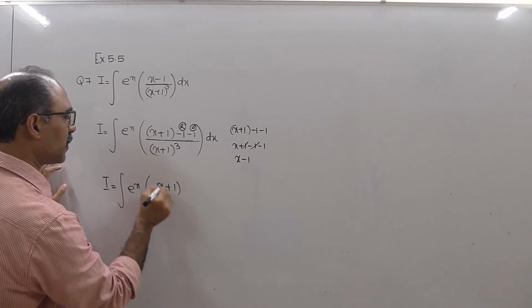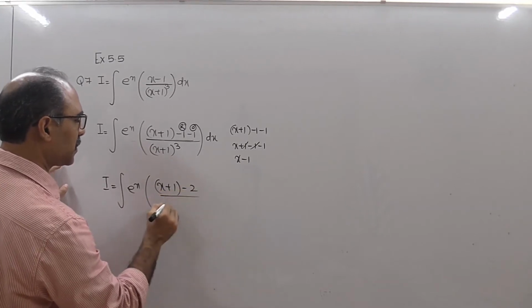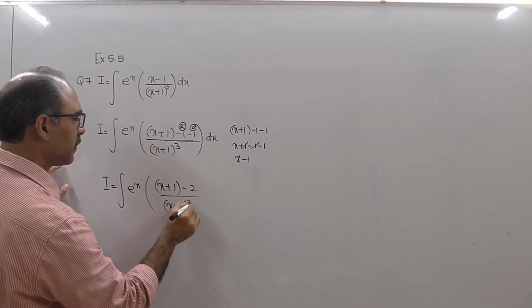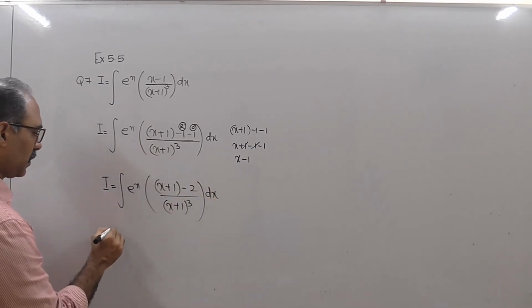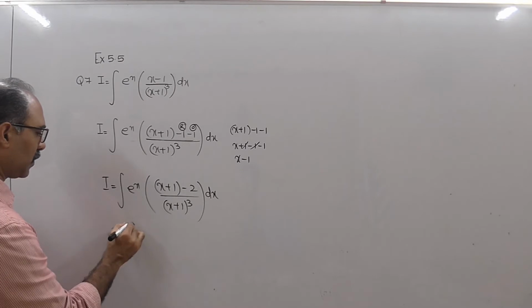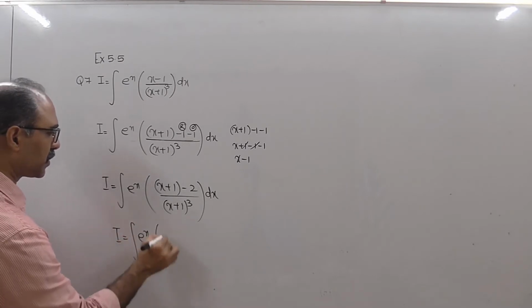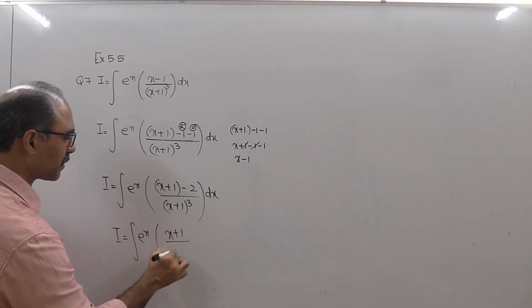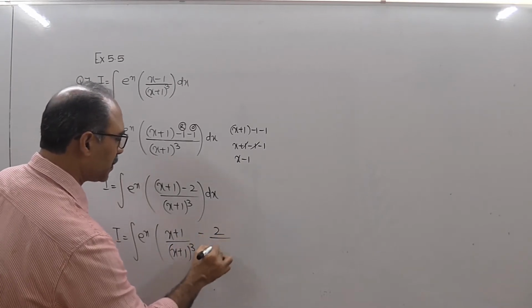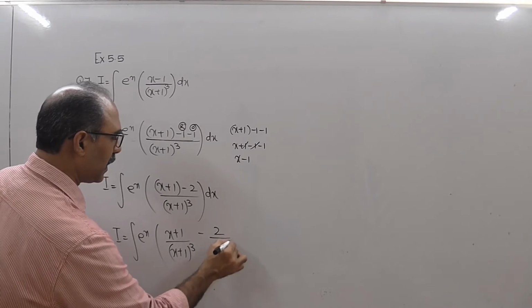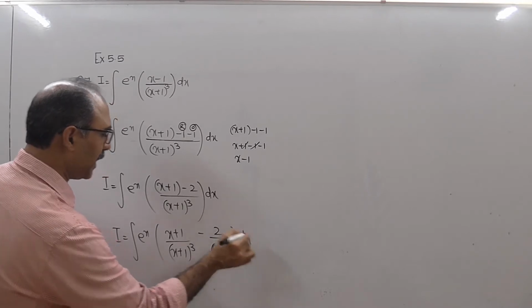This is x plus 1 minus 2 upon x plus 1 the whole cube dx. So this will become I equal to integration e raised to x. Write this as x plus 1 upon x plus 1 the whole cube minus 2 upon x plus 1 the whole cube and dx.